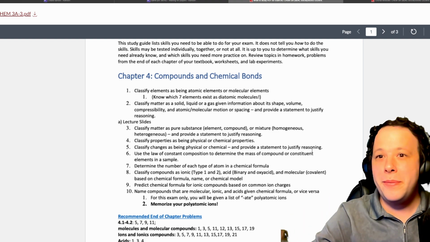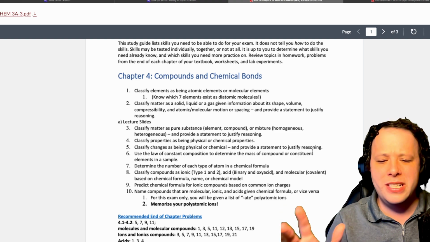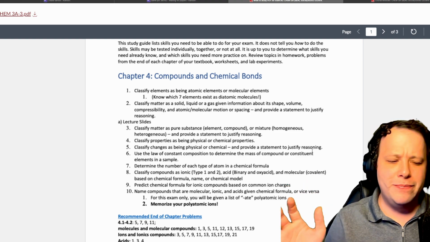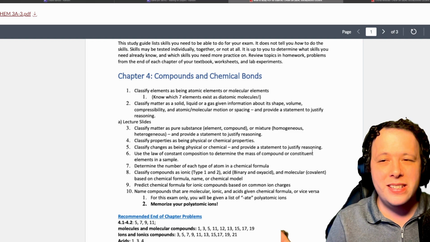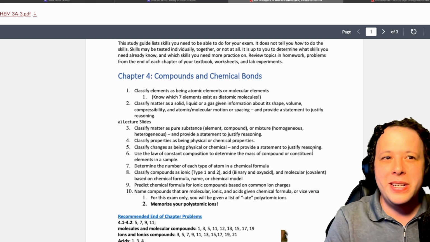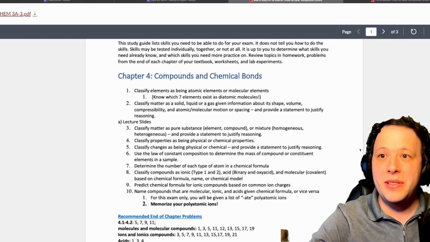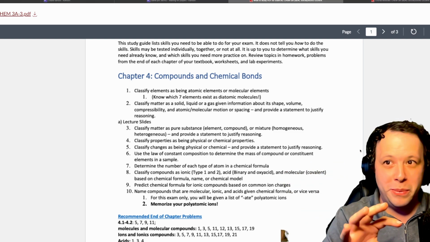So the biggest thing is there's going to be a lot of little naming questions, whether it's identifying what kind of compound it is, ionic or covalent, or whether you can go from a formula to a name or from a name to a formula.